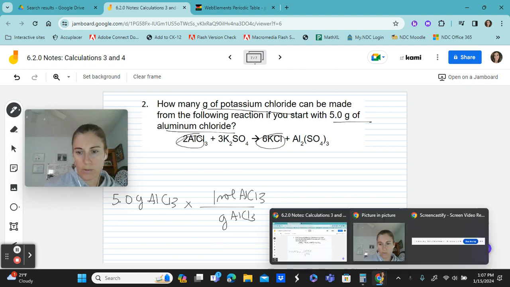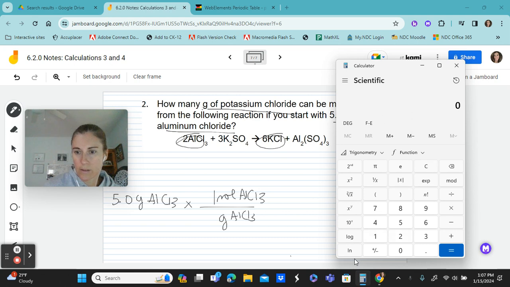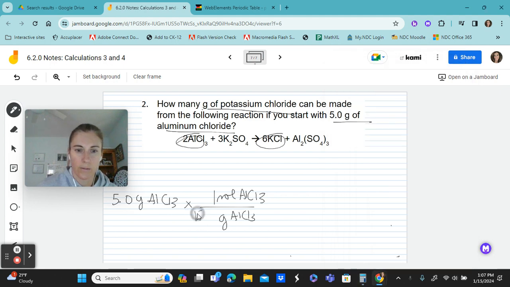So aluminum weighs 26.98. You can look at your periodic table for this. But 26.98 plus there's 3 times 35.45, which is each chlorine. So 133.33 is going to go on the bottom.